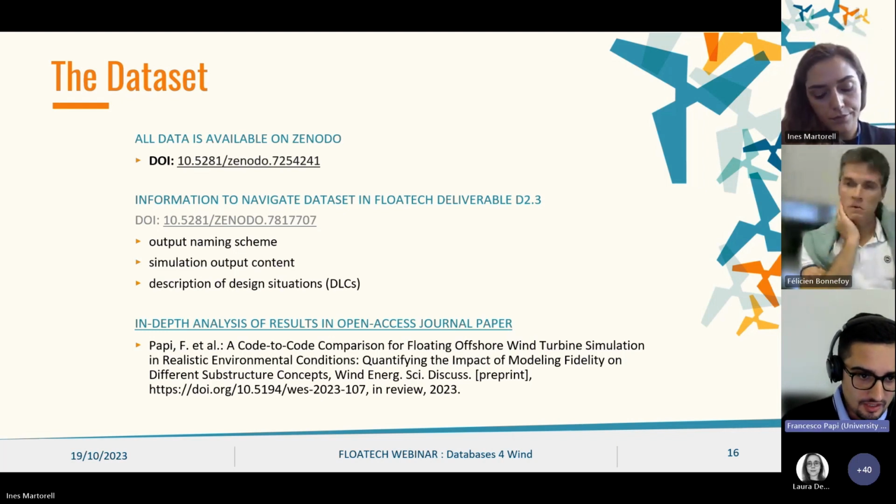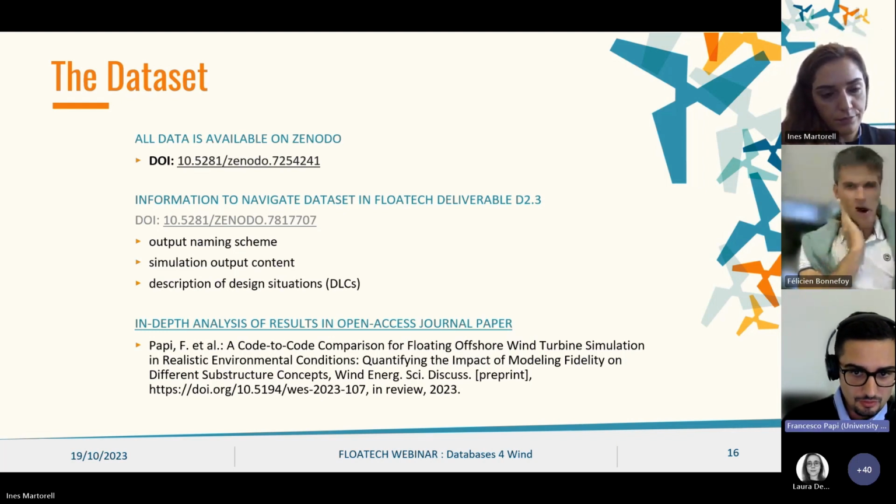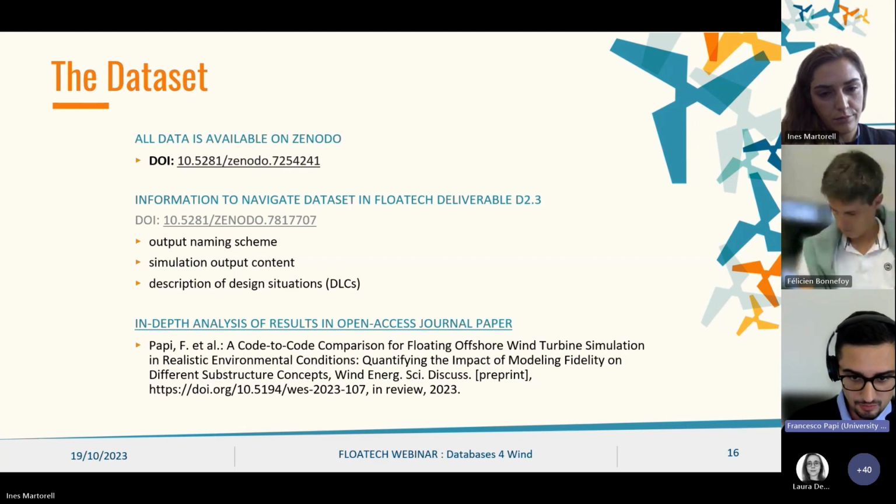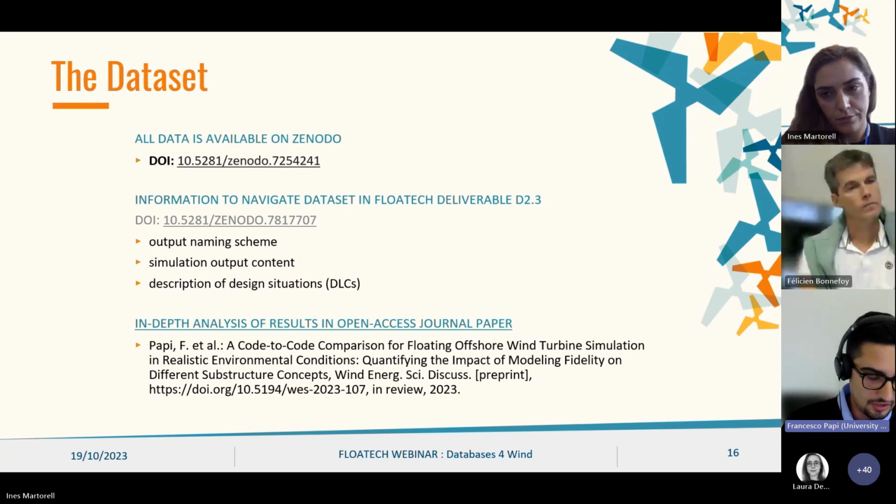These results are analyzed in depth in deliverables 2.3 and 2.4 of the FloaTech project, and also in a journal paper, which is currently in a preprint phase, and which I encourage you to take a look at if you're interested in the results of this part of the project.